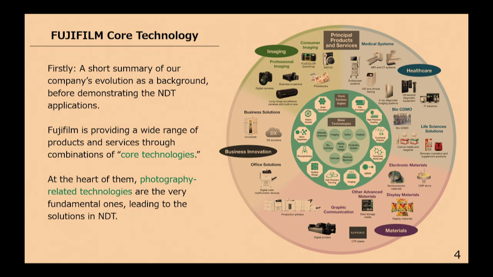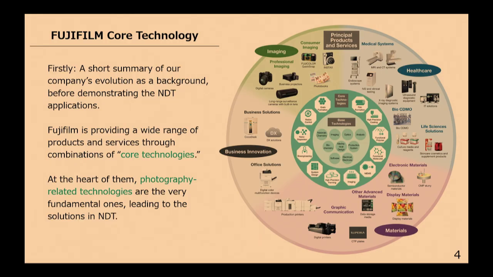So again, these are our core technologies from FUJIFILM. So you can see we do a variety more than just non-destructive testing. Like I said, a little bit with imaging for photography, medical industry or healthcare, MRI, CTs, two-dimensional radiographs, and computed radiography.